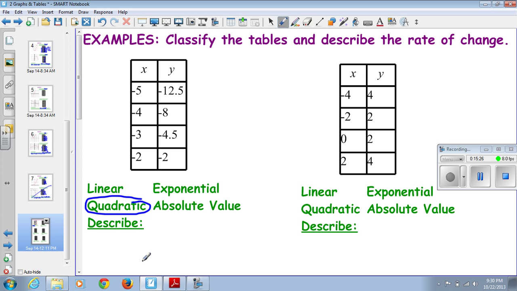It increases by 1 every time. The rate of change does.